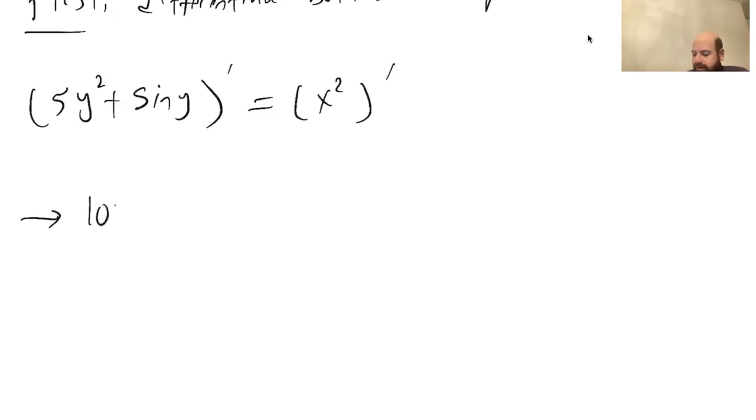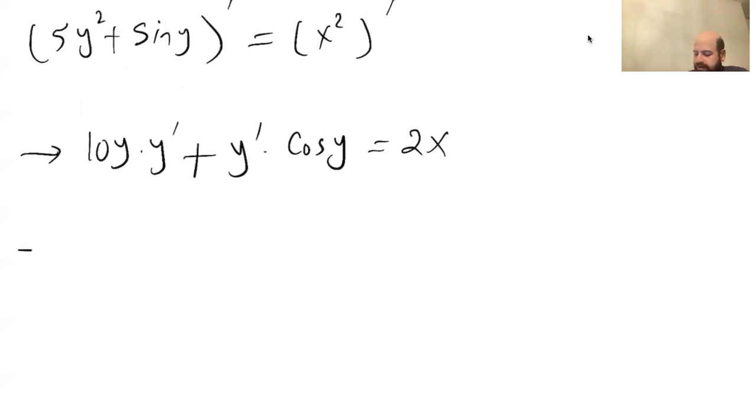So 10y times y prime plus, similarly, the derivative of sine y, the usual derivative, which is cos y, but then multiplied with y prime. See, the rule is very simple. Always multiply with y prime. So plus y prime times cos y equals the derivative of x squared, which is 2x.